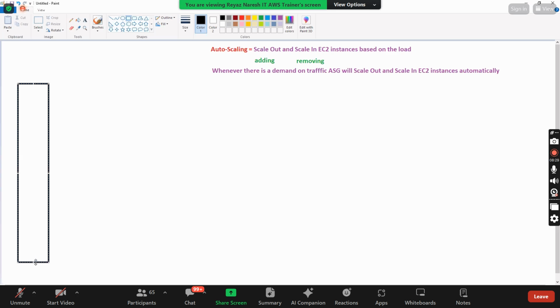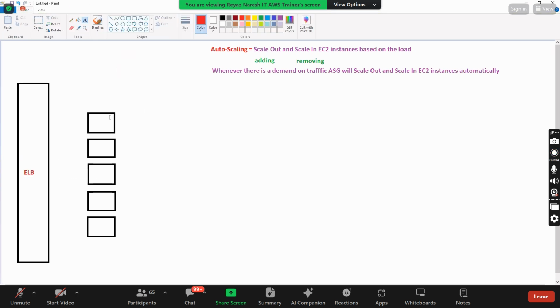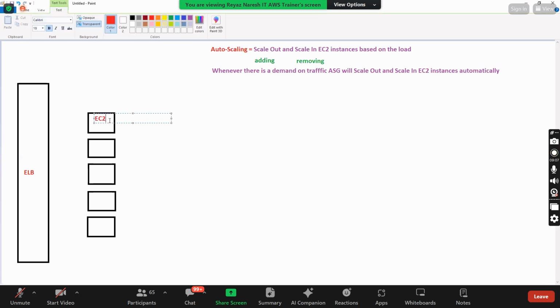That is the load balancer. So this is ELB, and these are EC2.